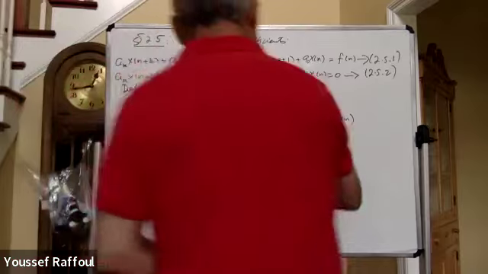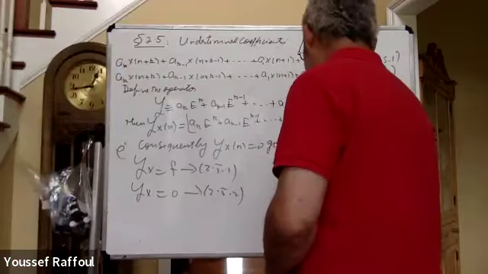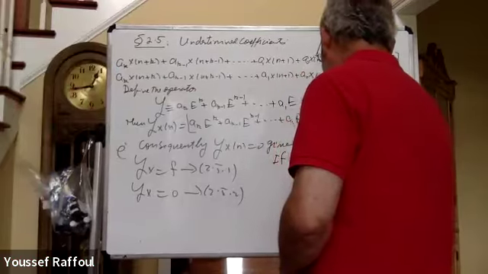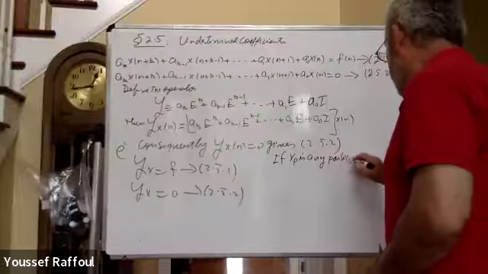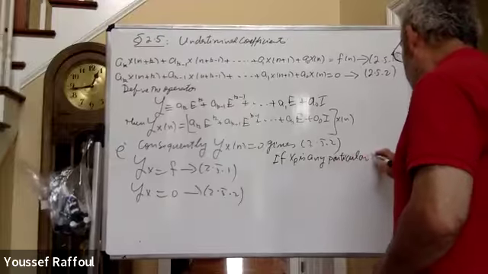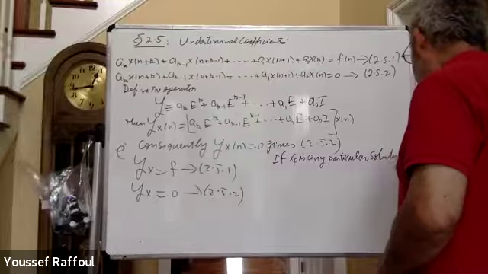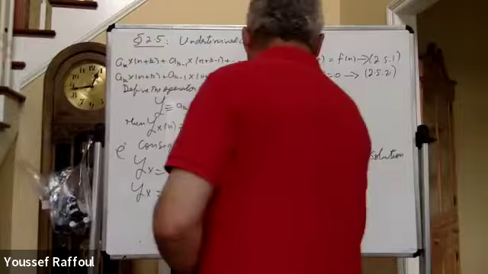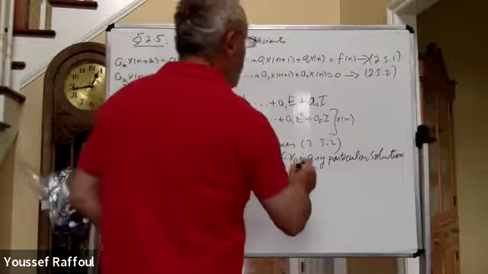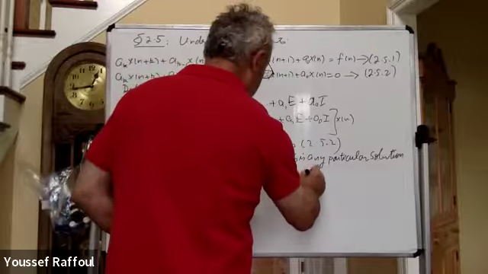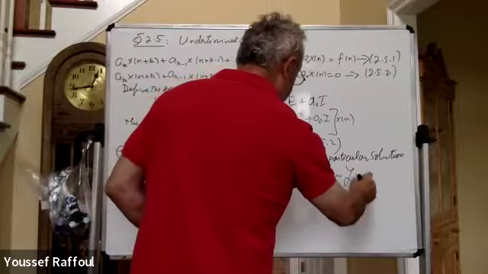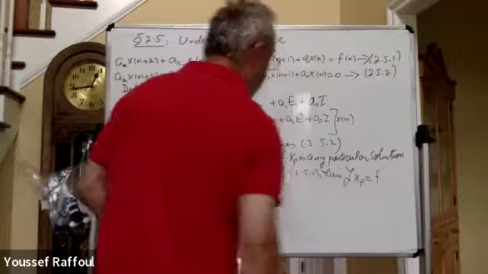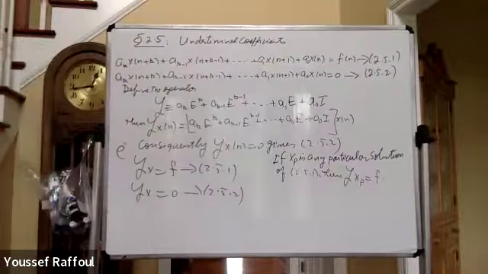So if x_p is any particular solution of 2.5.1, then we're going to have L x_p equal f, correct?